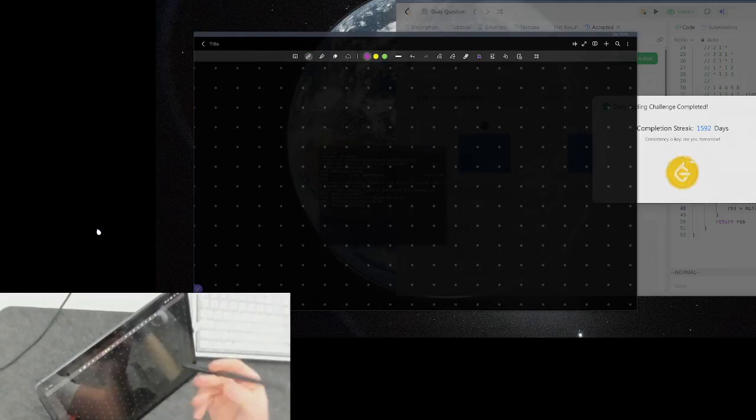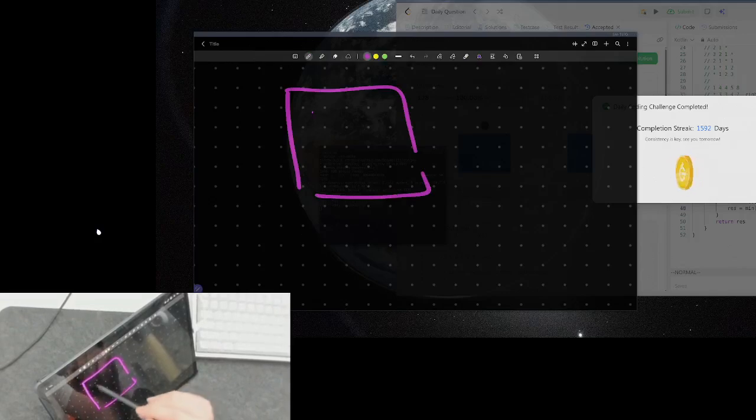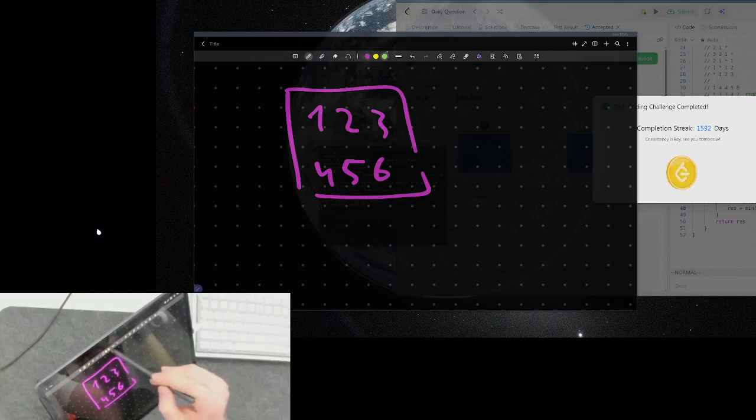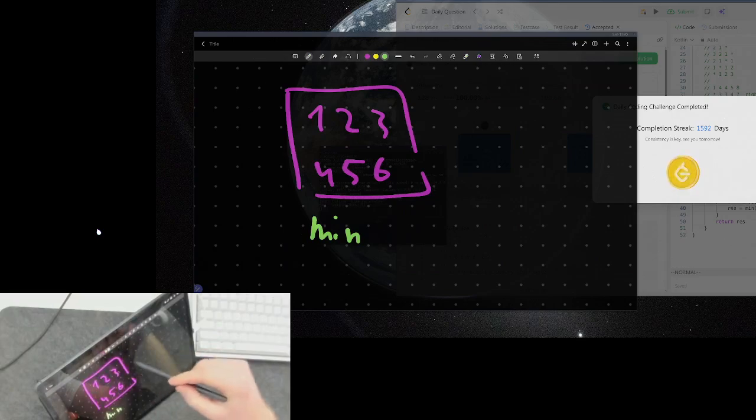Okay, so we have some grid of numbers, and we want to find the minimum number of operations to convert these numbers to the same value with a given number x, and we can do it plus x or minus x.